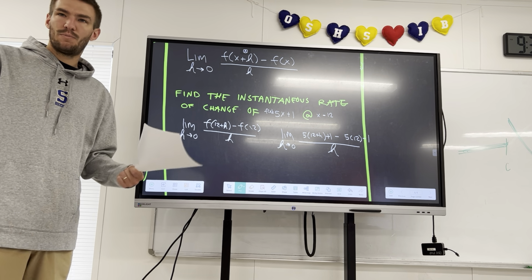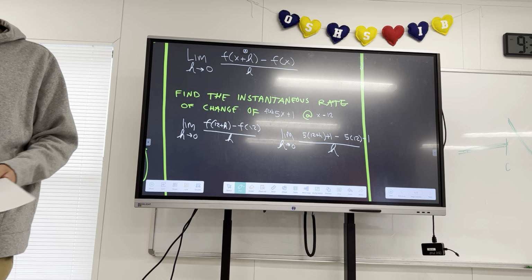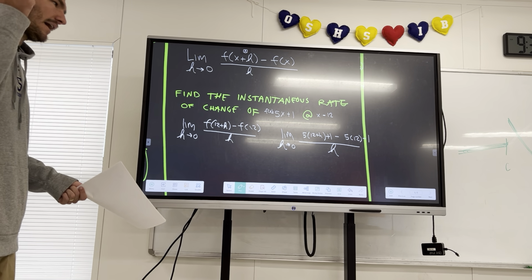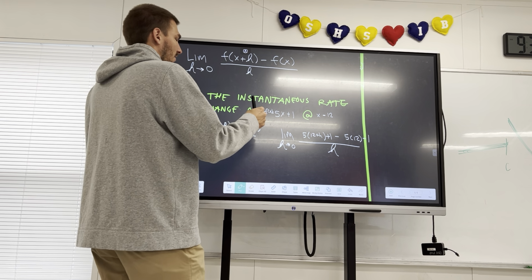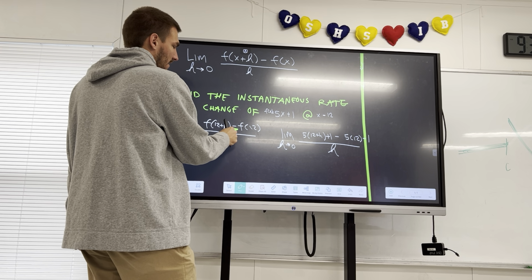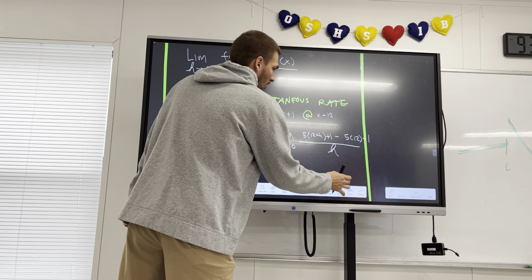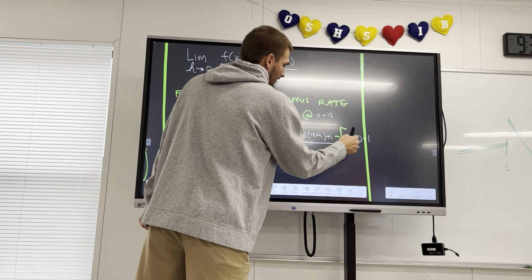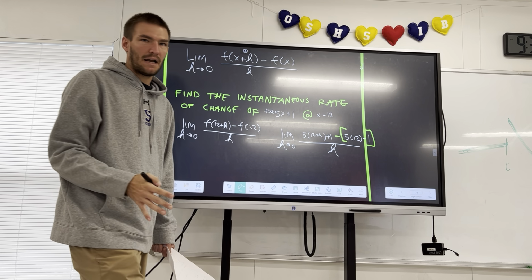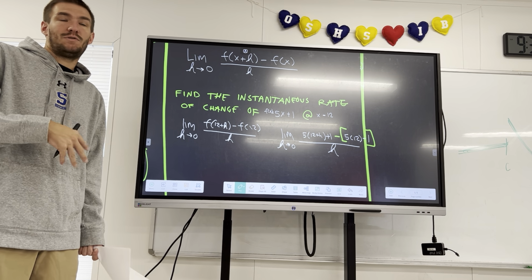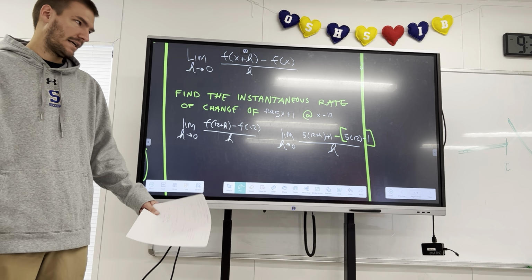Now, teacher moment, maybe more so because I haven't been teaching IB for years, I feel like I have to point this out. We have a minus the second f of x, which means all of this stuff needs to be minused, which means distribute that negative, or however you want to say it.